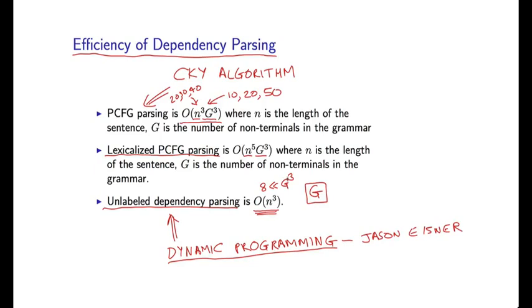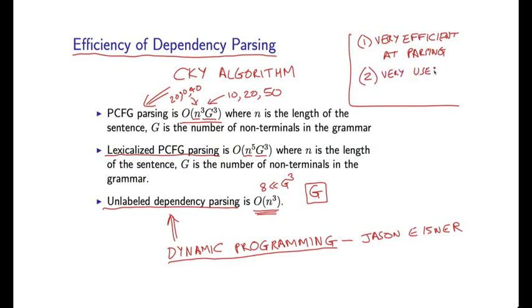And that is a major reason for, like I said, taking dependency parsing very seriously. So it has two properties which I think are very beneficial. First, very efficient parsing. Secondly, they are very useful representations. If we can recover these kinds of dependency structures, they're useful in many applications in natural language processing.